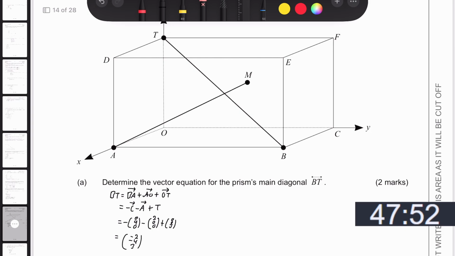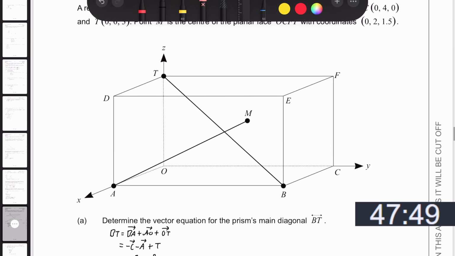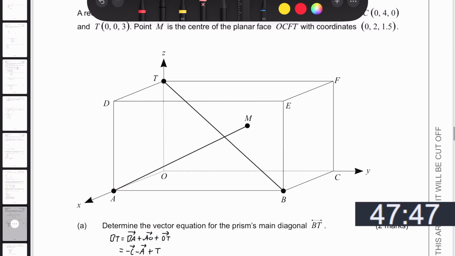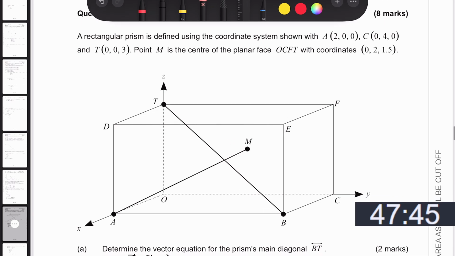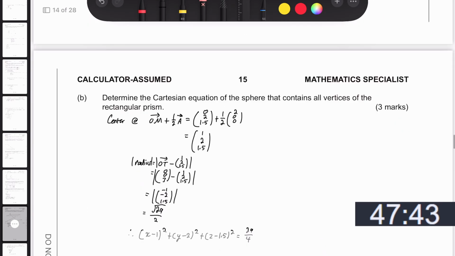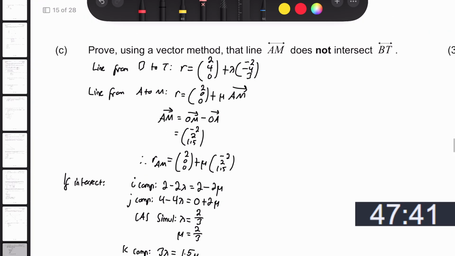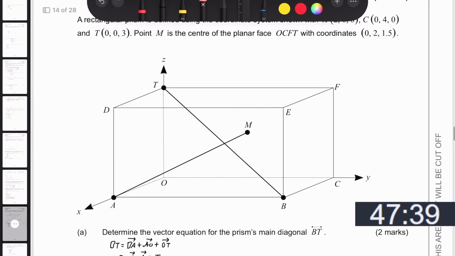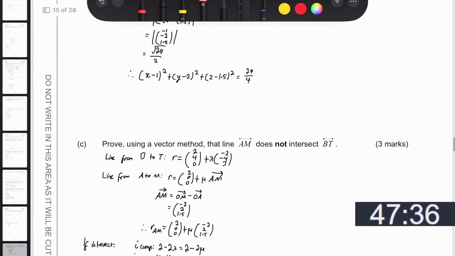Equations of beta, A, which is going to be negative, and B is 2, 4.